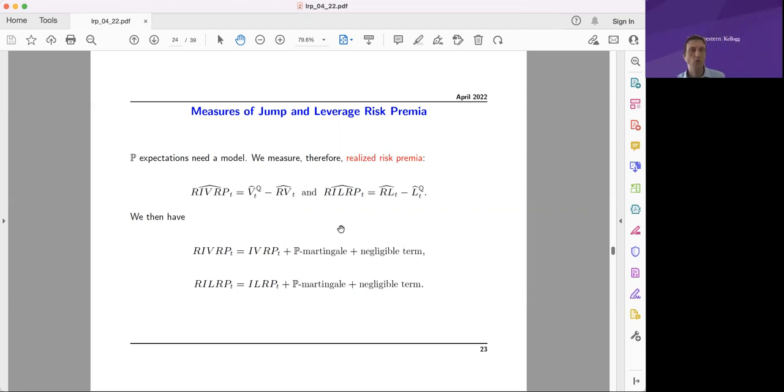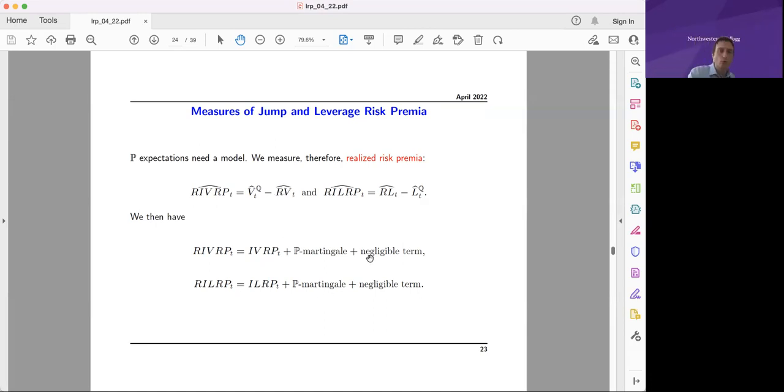I will define two measures. One is the realized instantaneous variance risk premium, and that basically is the gap between our instantaneous variance recovered from the option data and the realized volatility. Now, obviously that is not exactly the risk premium, because risk premium is about gaps in conditional expectations. So what I did effectively is replace the conditional expectation under the true probability measure with its realization.